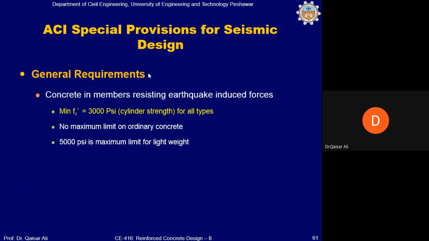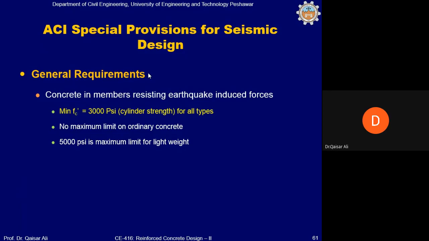However, in the case of lightweight concrete, some people would like to use it in order to reduce base shear, because you know that base shear is directly proportional to the weight of the structure. If lightweight concrete is used in moment resisting frames, then the maximum strength allowed by the ACI code is 5,000 psi.